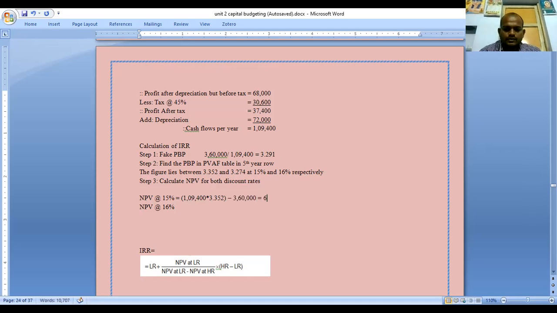NPV is 6,709. So at 16 percent, the annuity factor will be different, 3.274, and we have to deduct the PV of outflows, that is 3,60,000. So NPV will be minus 1,824.